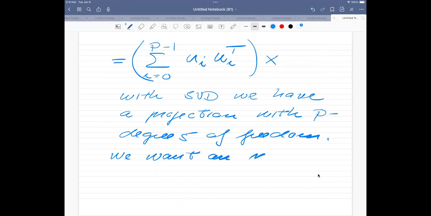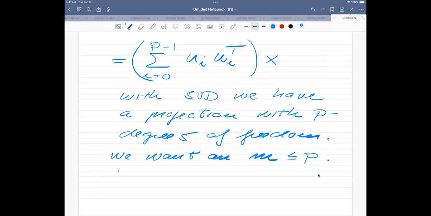have a value n which is smaller or equal than p, so that we can reduce the number of features to the essential ones. So the principal component analysis is such a method which allows us to truncate this expansion over p with a value n which is smaller than p.